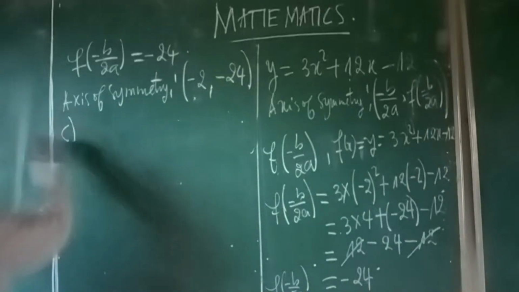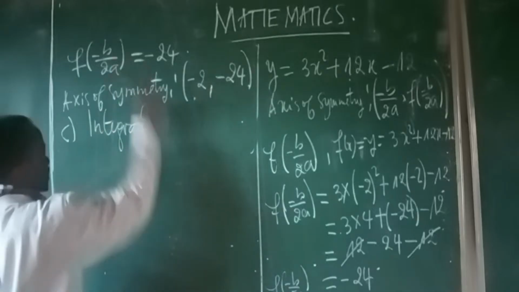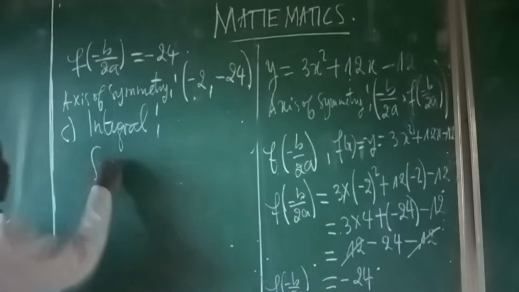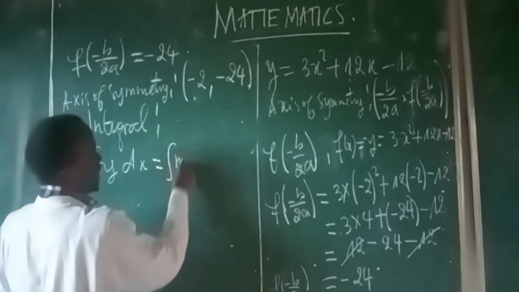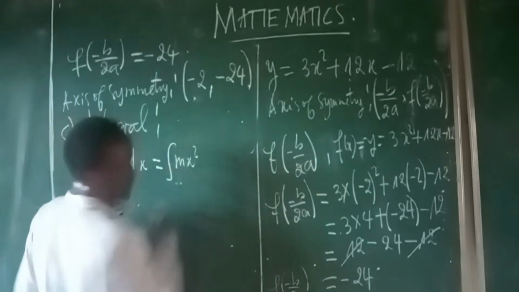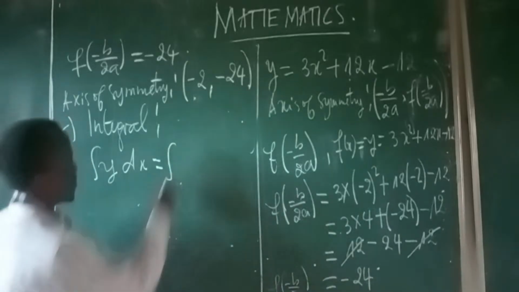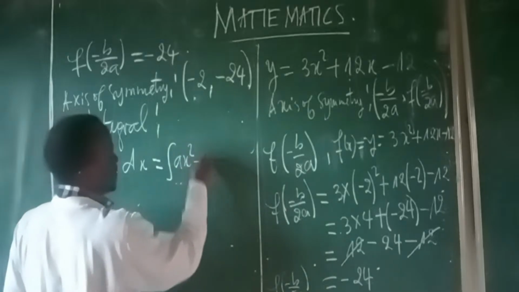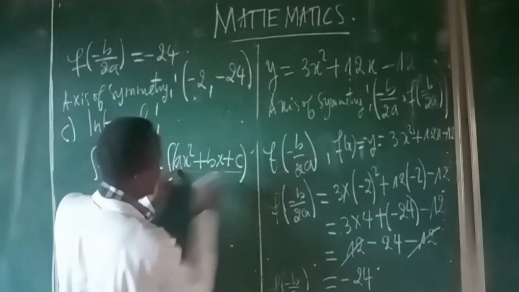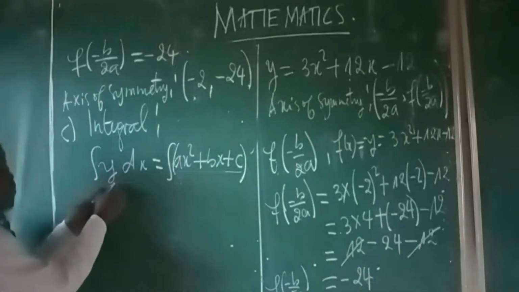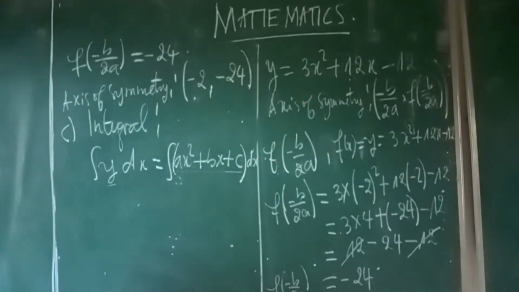Number 3, as you see, we have been asked to find the integral. It means it is the integral of y dx, which is the integral of, excuse me, let me use other letters, ax squared plus bx plus c. This is our equation, which is y times dx.